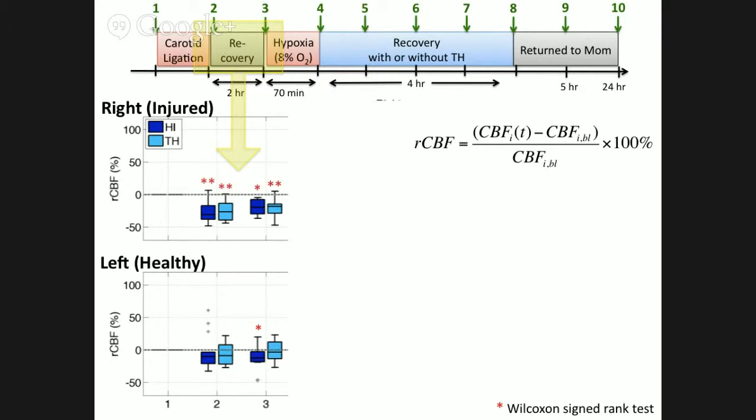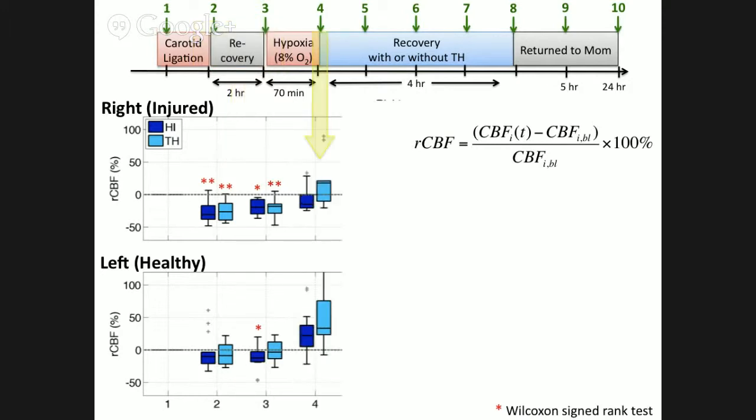This reduction is significant. There is a mild reduction in the left hemisphere, but it's not significant. And then immediately after hypoxia, flow is slightly elevated from pre-hypoxic levels in the injured hemisphere, but it's incredibly elevated in the healthy hemisphere.